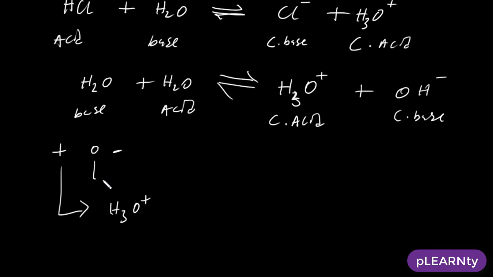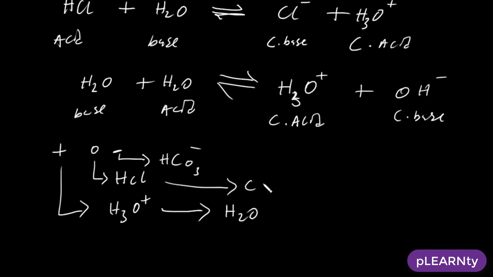We could have HCl, and we could also have HCO3 minus. So if this is releasing its proton, it forms water, this Cl minus, and this CO3 2 minus. So our acid could be positively charged, negatively charged, or neutral.